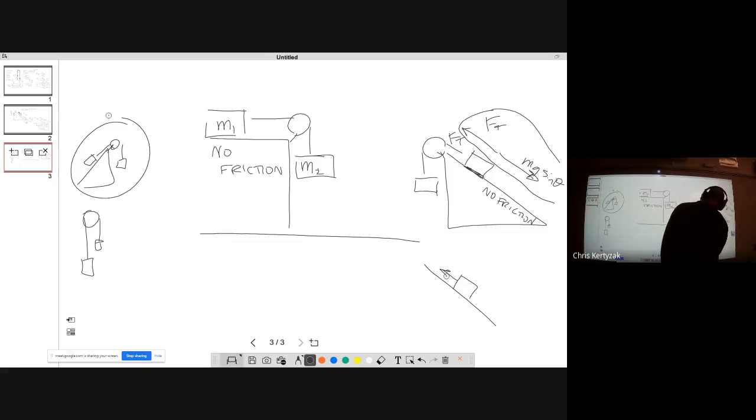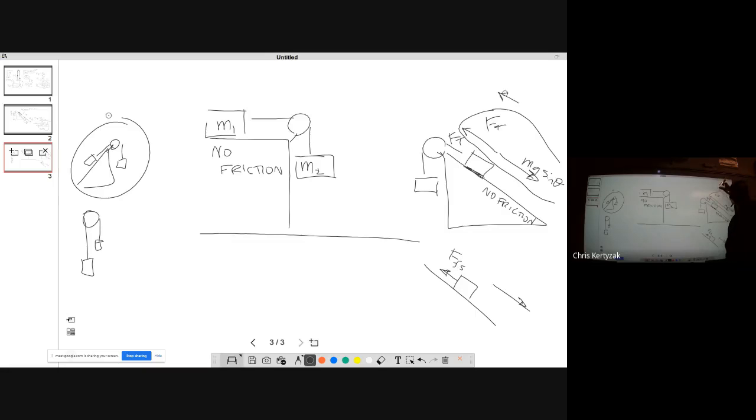The static friction force, the impending motion is in this way. It's the way he wants to go. So that means the static friction force is this way. So if we add another force in this direction now to my original picture, what would have to happen to the tension force so that the tension force plus the static friction force is still as long as this one?